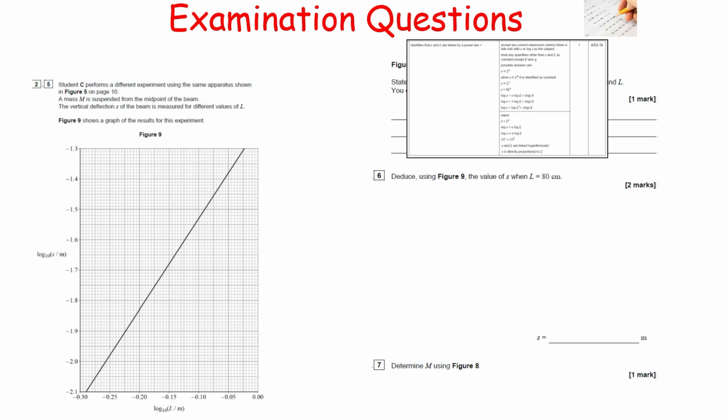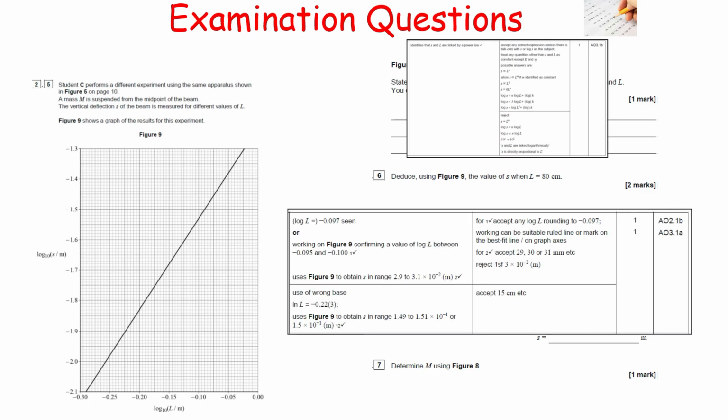Now then, using figure 9, what is the value of S when L equals 80 centimeters? Because we know we've got log L, we can work out what the value of log L is. Log L is going to be equal to minus 0.097.